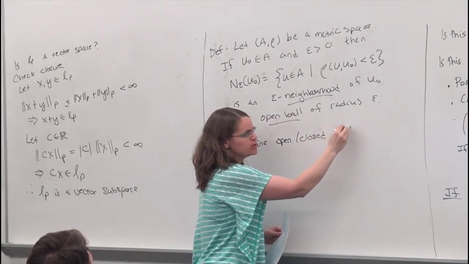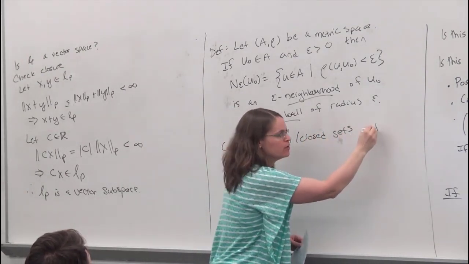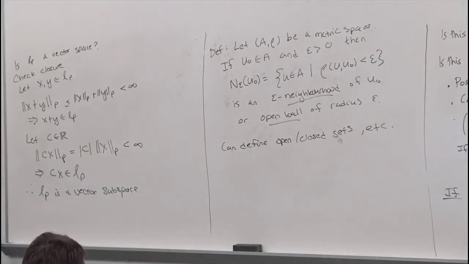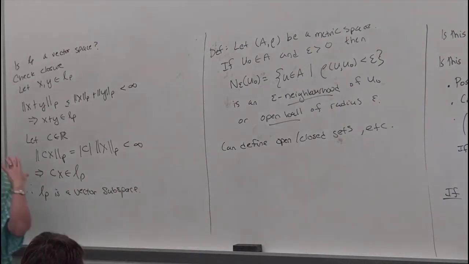Okay, we can talk about boundaries. We can talk about all of these things. I don't need to write down the definitions because you already know them. The definitions that we gave at the beginning of the semester were just in terms of an open neighborhood. As long as we know what an open neighborhood is, we're in business.